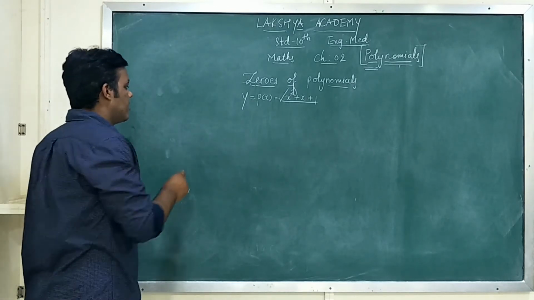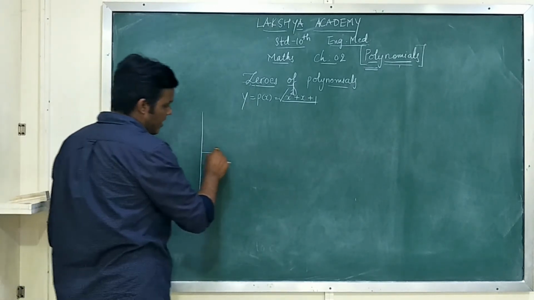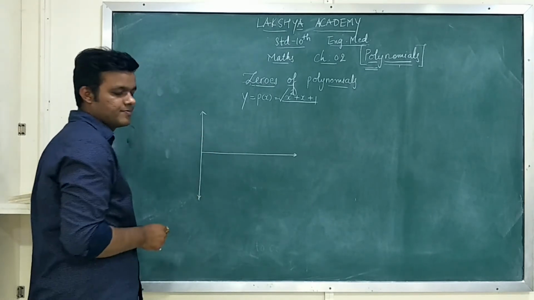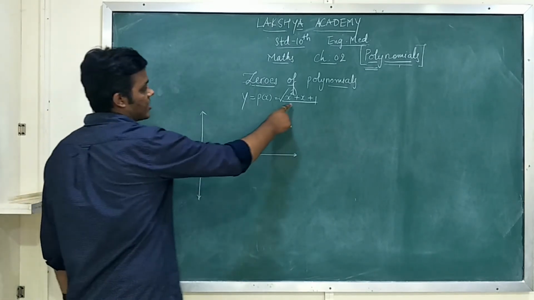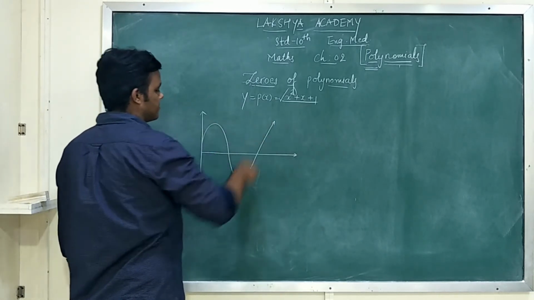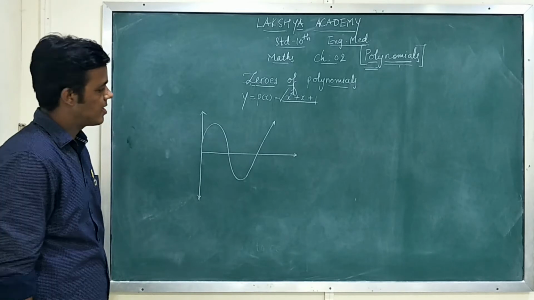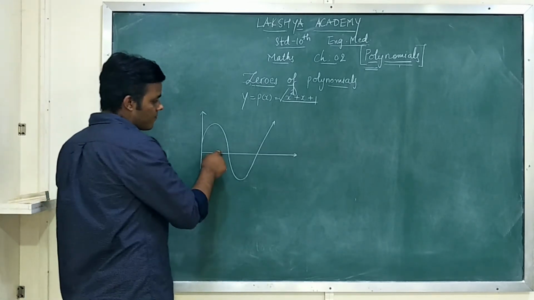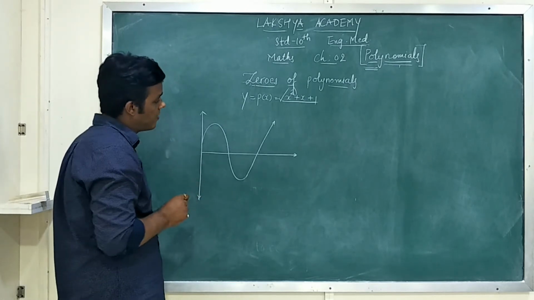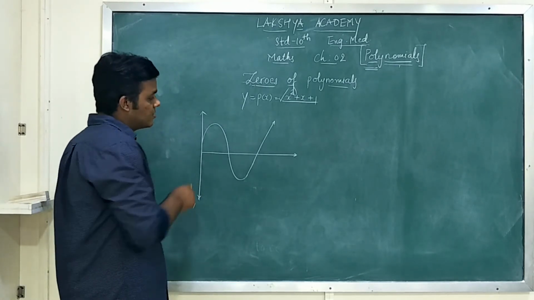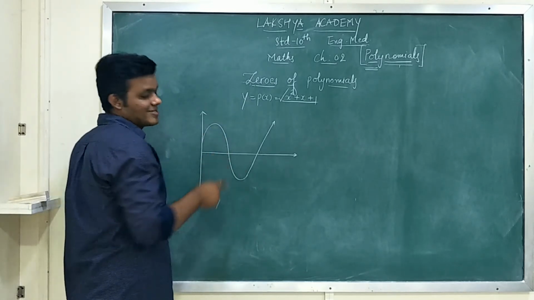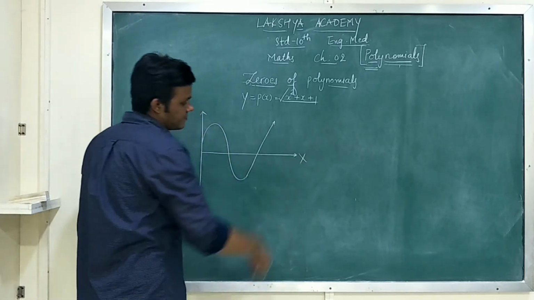So if we make a graphical representation of that polynomial, suppose the curve of x square plus x plus 1 will be like this. Suppose, as an example. So what we can conclude for this, we will have to find how many times the graph is intersecting the x-axis.